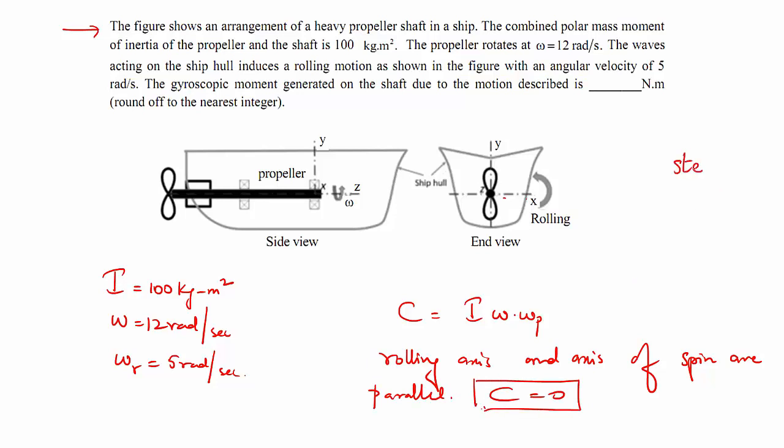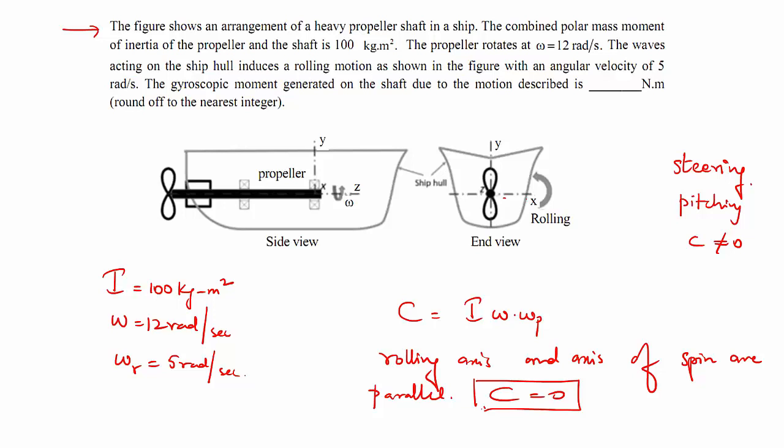Only in steering and pitching will we find a non-zero gyroscopic couple. In rolling, since the rolling axis and the spinning axis are both parallel to each other, the gyroscopic couple will be 0.